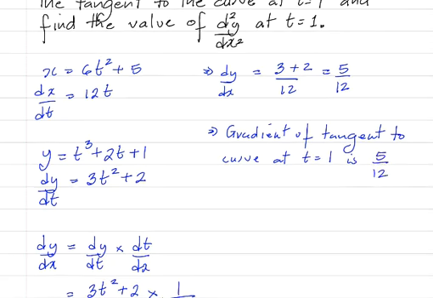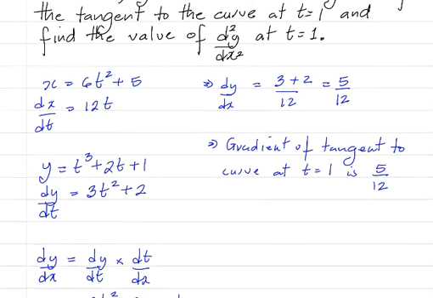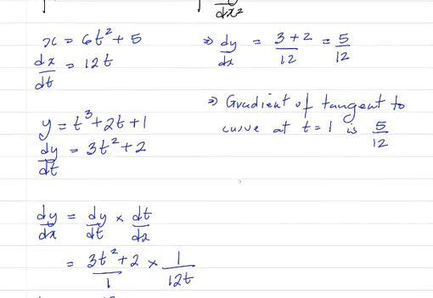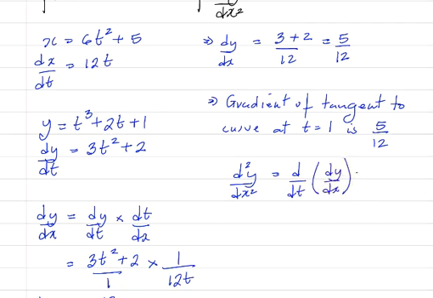We're also asked to find the value of d2y by dx squared at t is equal to 1. Now, d2y by dx squared would be equal to the first derivative, dy by dx, differentiated with respect to t, multiplied by dt by dx.